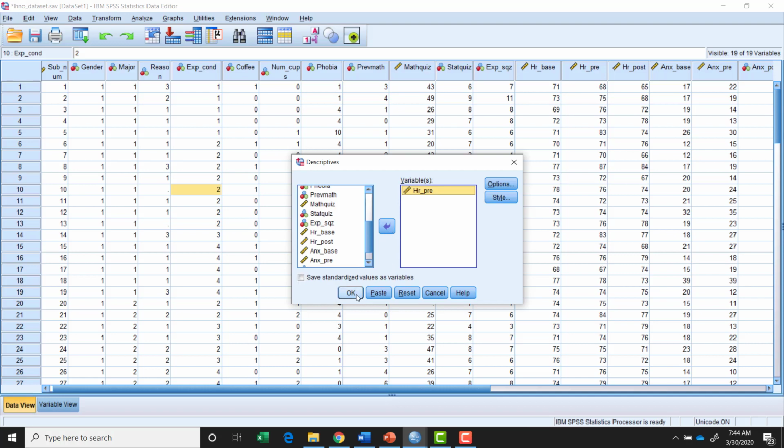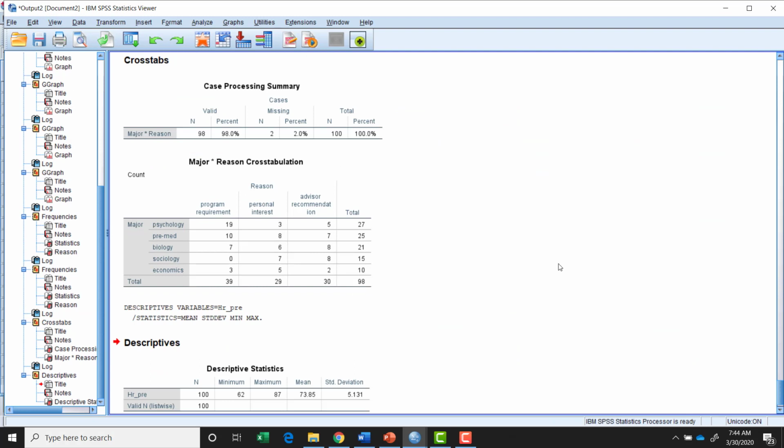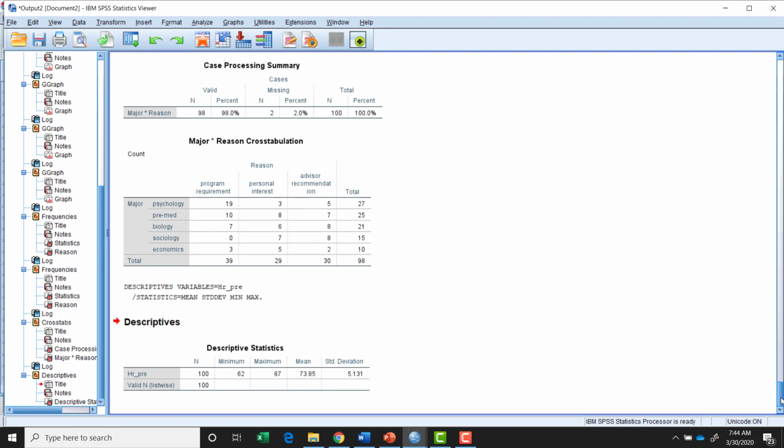Then click OK. On the heart rate pre, you see there are 100 of these, ranging from 62 to 87. We also get the mean and the standard deviation. This is what we mean by descriptive statistics, basic descriptives about the heart rate.